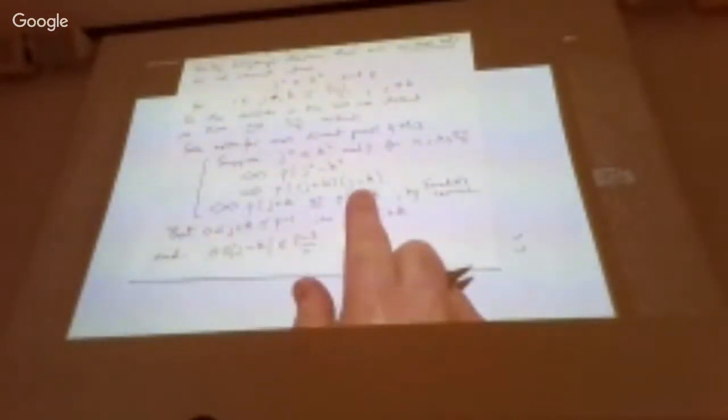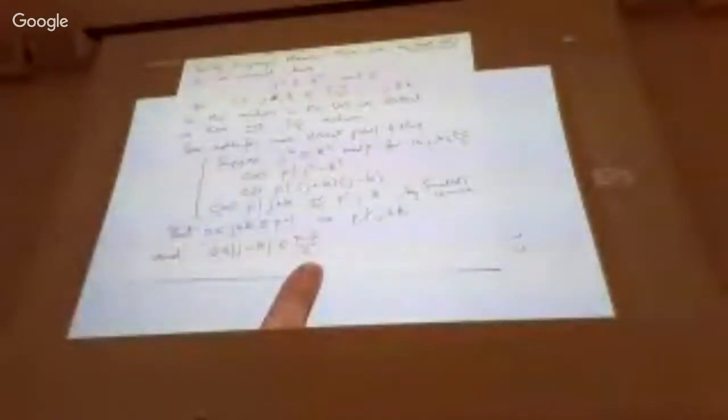Can p divide j minus k? Well, it must divide j minus k in this argument, because Euclid's lemma says it divides one of them. We've already excluded it dividing j plus k. So p must divide j minus k. But look, the only multiple of p that we can see in this interval is 0, because these are all numbers smaller than p.